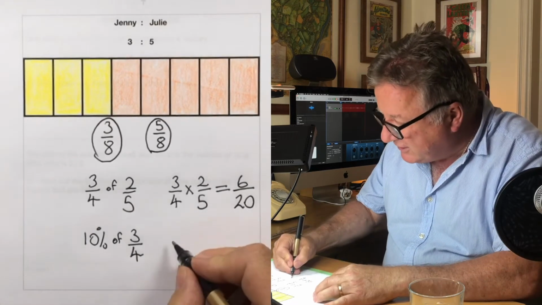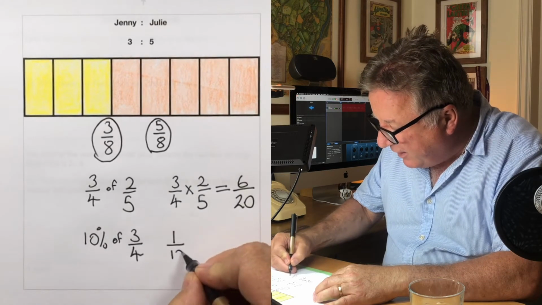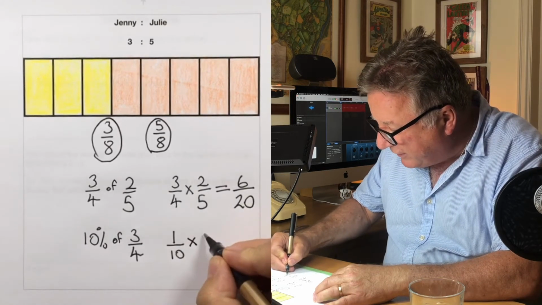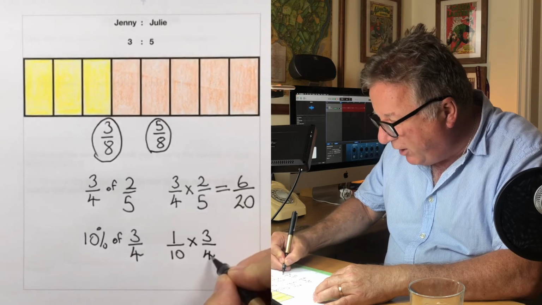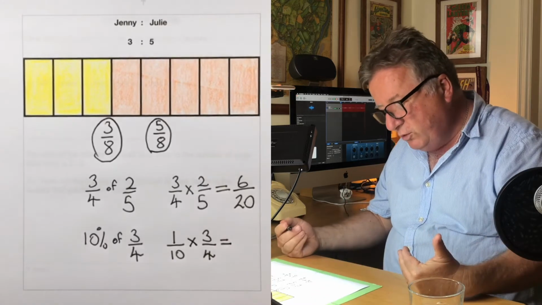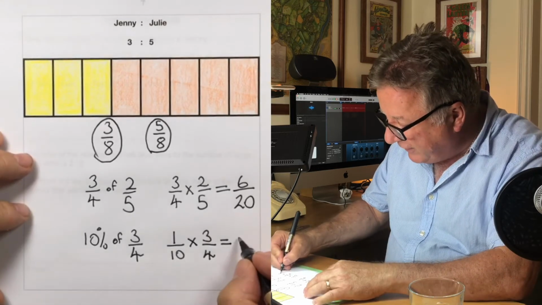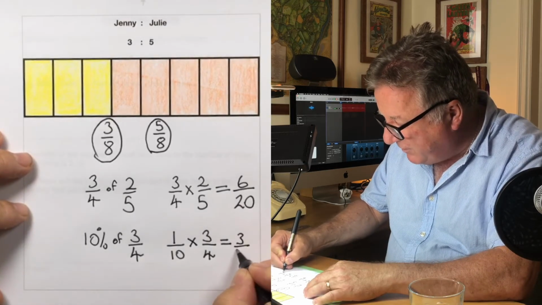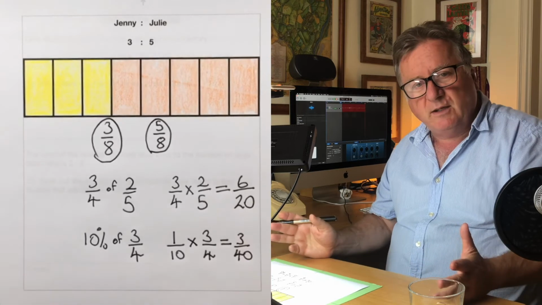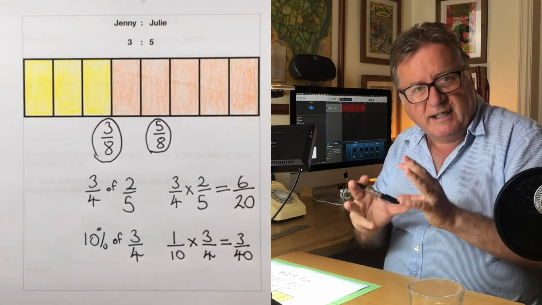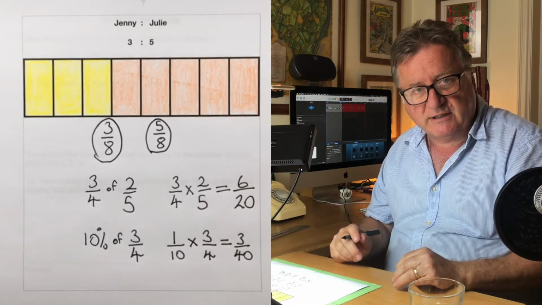So we can change this to 1/10 multiplied by 3/4, and then we can apply that rule. If we remember our rule for multiplying fractions, multiply across the top, 3, multiply across the bottom, 40. So there we are. That is the key skills we need for our GCSE problems.